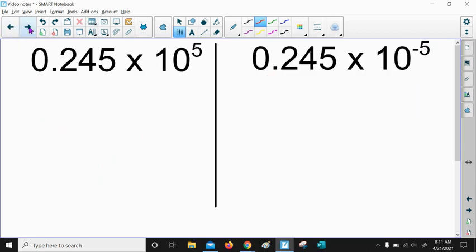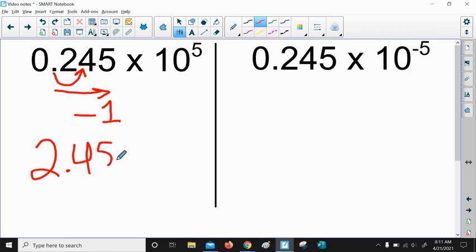Let's look at some other examples. In these cases, I have nothing in the ones place. So I'm going to have to move the decimal one time to the right. When I'm moving to the right, I need to subtract 1 from the power. My new number is going to be 10 to the 4th power.